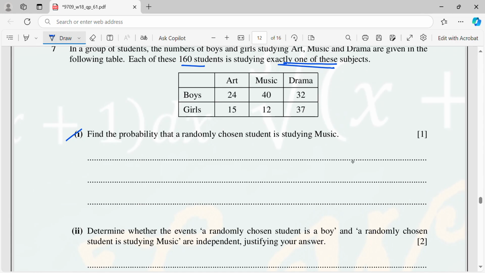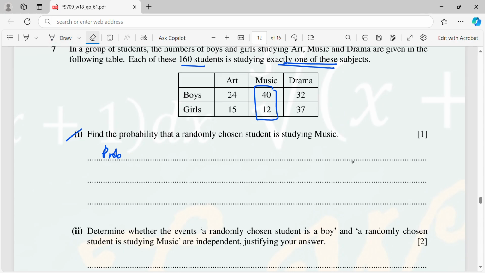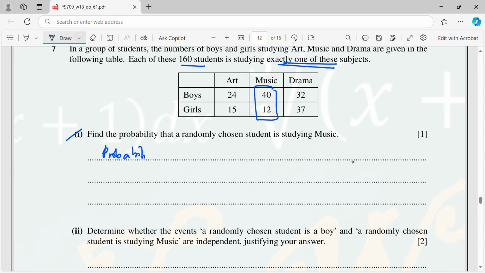Music will be this total. So the probability equals 40 plus 12 over the total 160. So this is 52 over 160, then you will get 13 over 40.